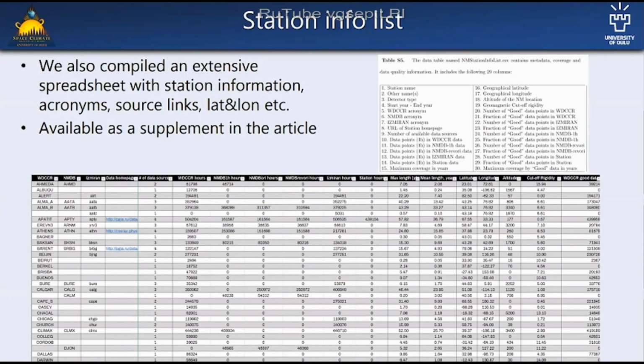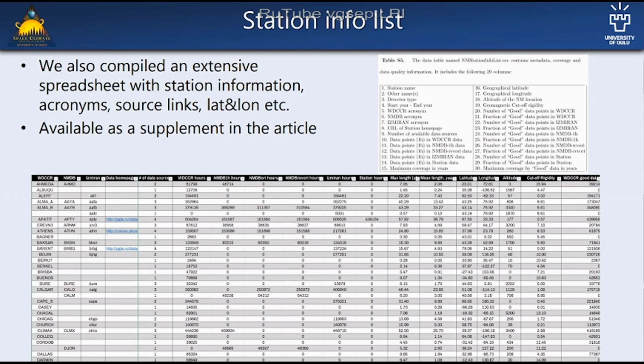While doing this work, we also had to make this huge list of all the different sources and all the specific parameters. For example, different stations have different acronyms in different sources, and there might be different names for the stations in different services.